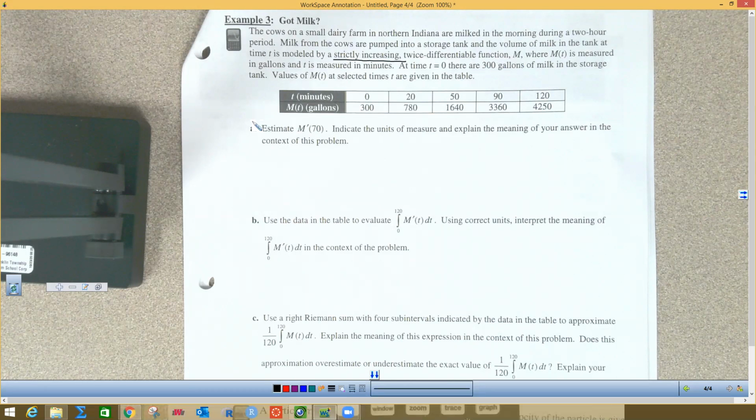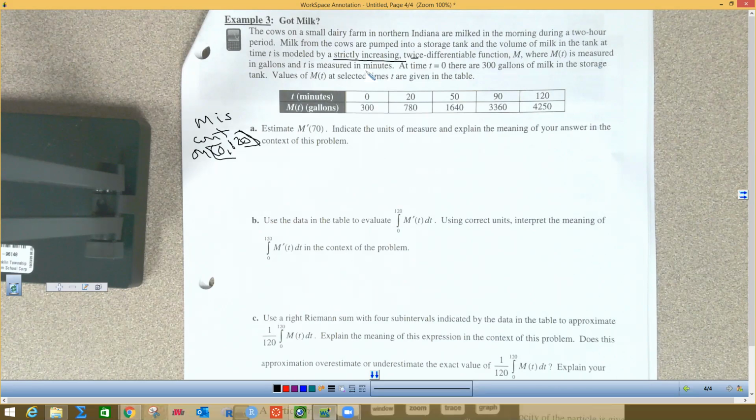Because we know it's twice differentiable, we need to say somewhere that m is continuous on the interval 0 to 120. So we need to say that that thing is continuous. I don't care if you use brackets or parentheses.